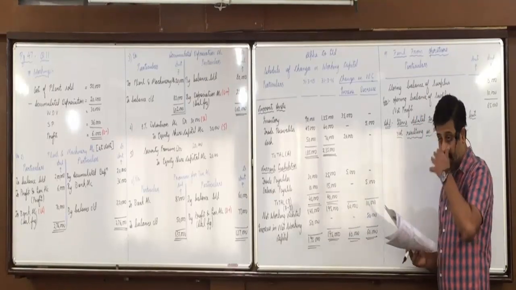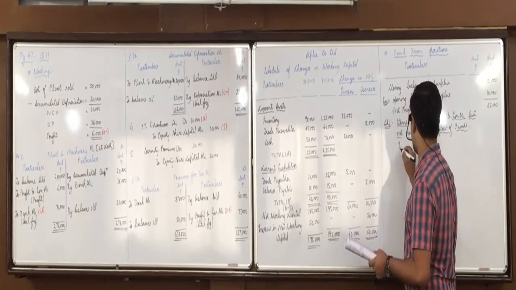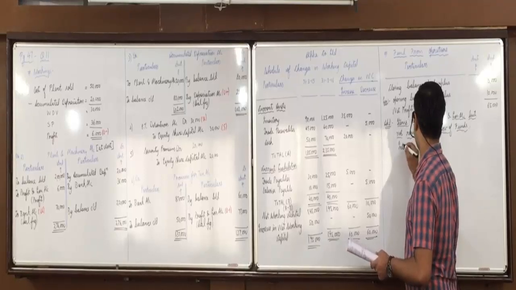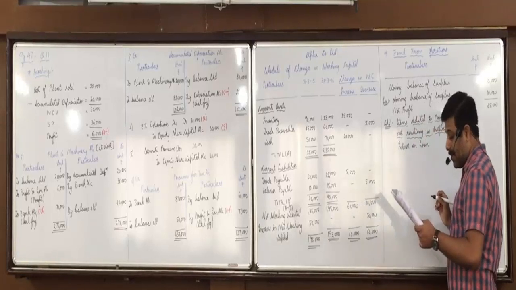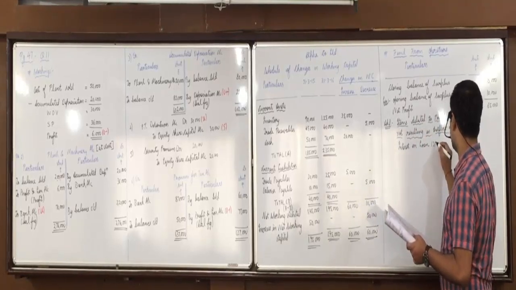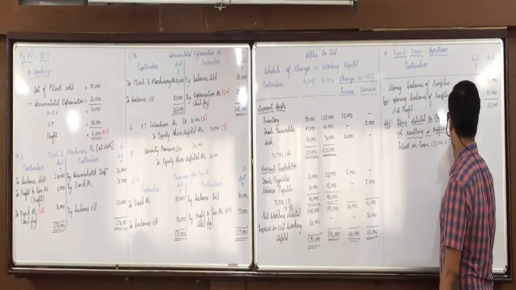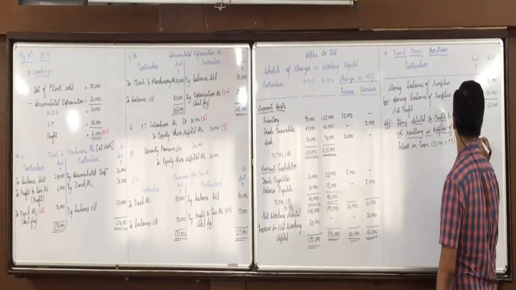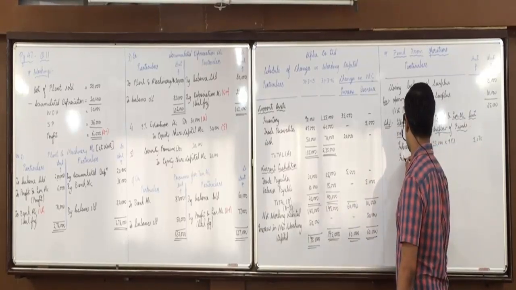So O plus items. Now on the liability side we get interest on institutional loan, which we have to count on closing balance: 23,000 into 9%, 2070. Further on the liability side we have interest on debentures.